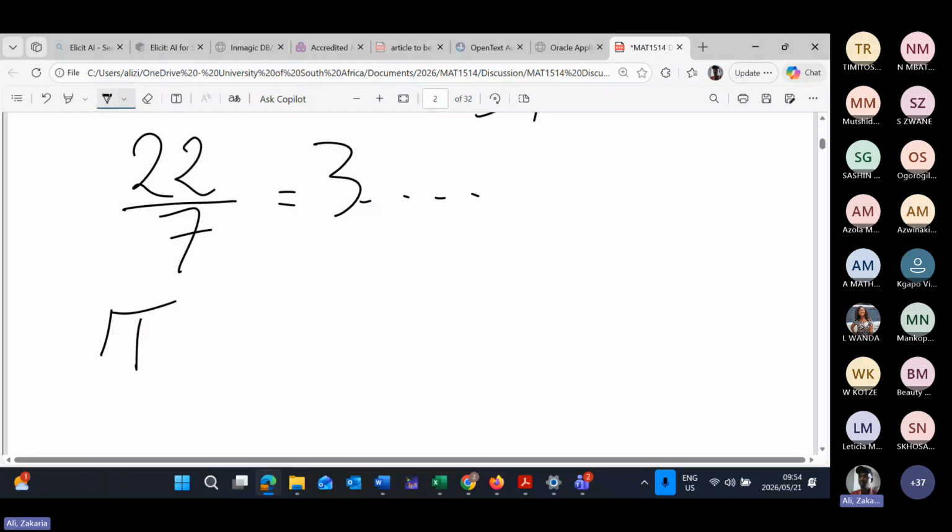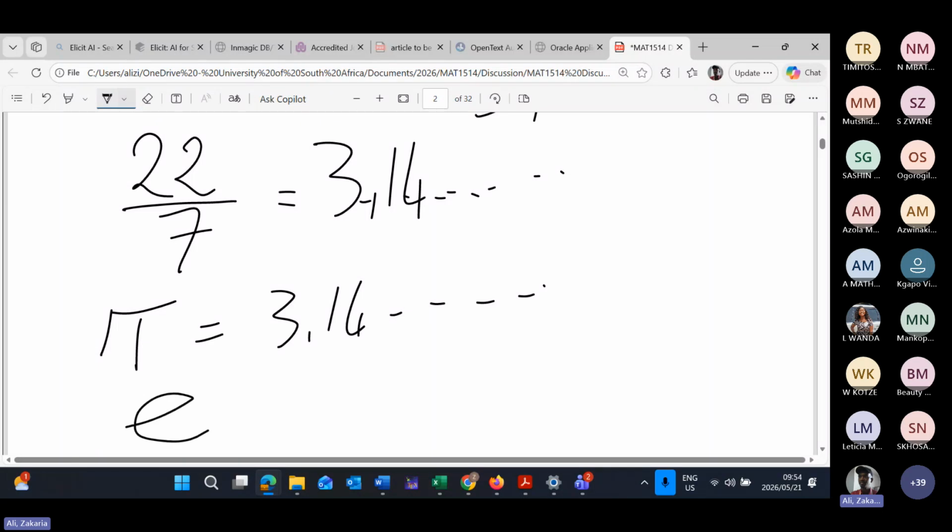So this is, let's say, 3.14 and so on. They represent those numbers by pi, 3.14 and so on. Thanks to Euler also, there is the letter e, which is close to 2.718 and so on.